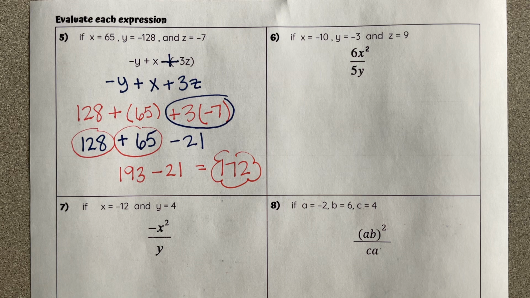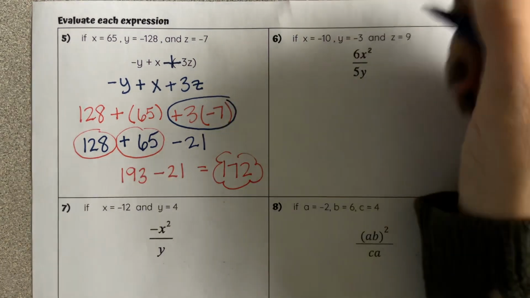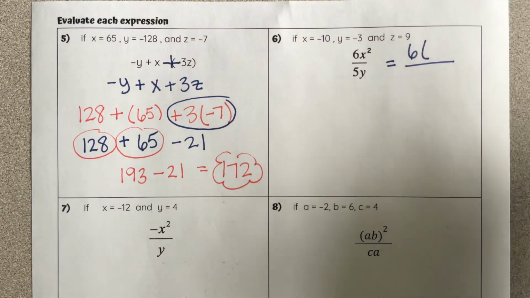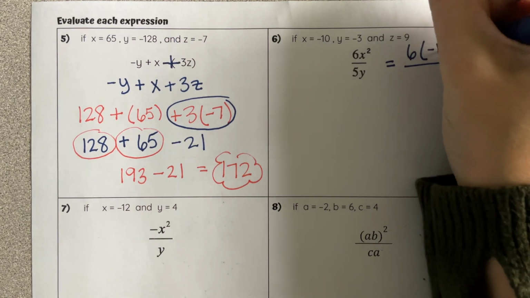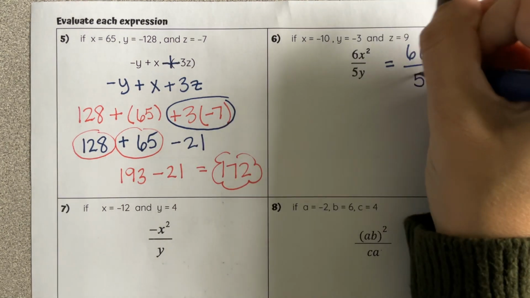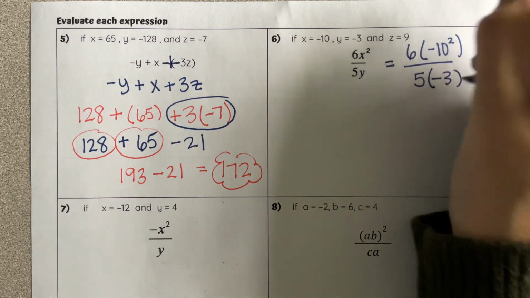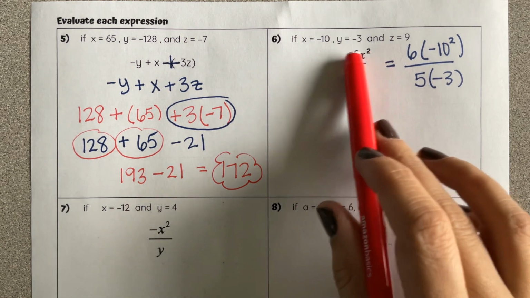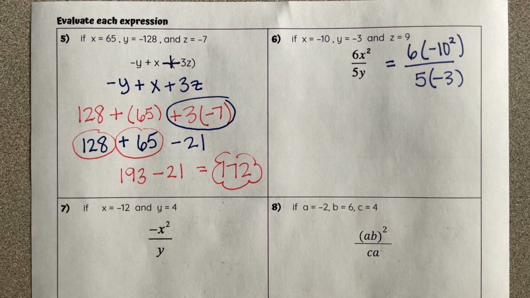We've got some division problems here. So as I'm plugging in, this is 6 times our x value of negative 10 squared over 5 times our y value of negative 3. When we're doing division like this, I need to simplify everything on the top and then simplify everything on the bottom.